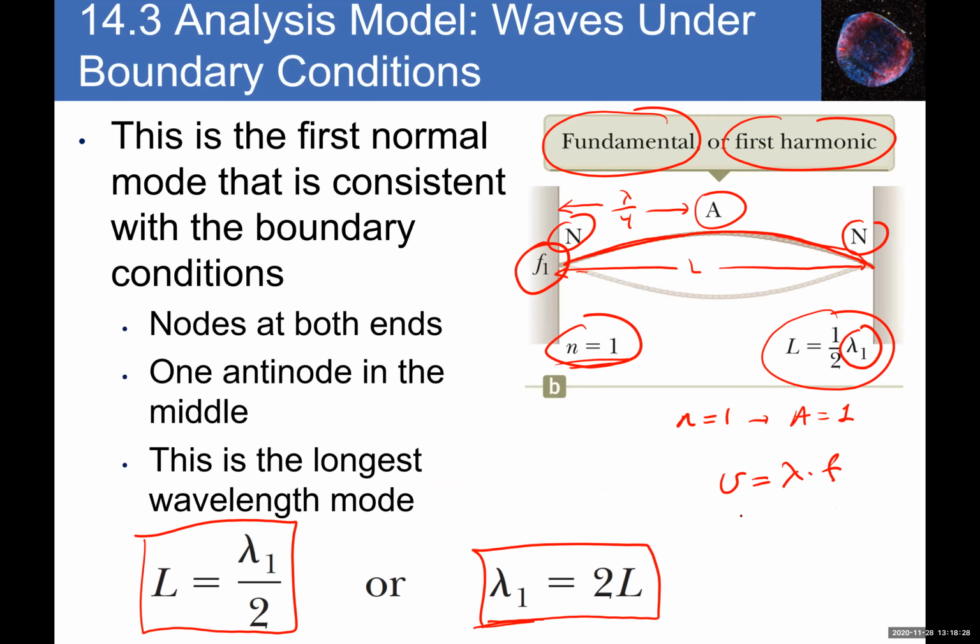So technically, this frequency 1 is equal to the speed of the wave divided by lambda 1. Again, we'll come back to this, but this is the general equation for the fundamental frequency, because this shape represents the fundamental or first harmonic, and this frequency is known as the fundamental frequency.